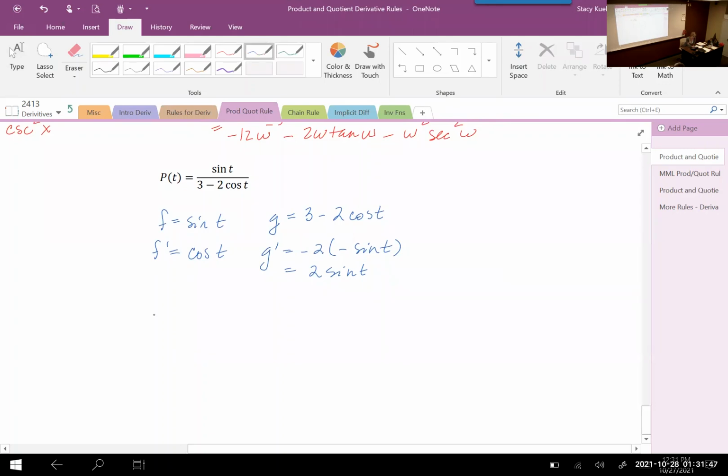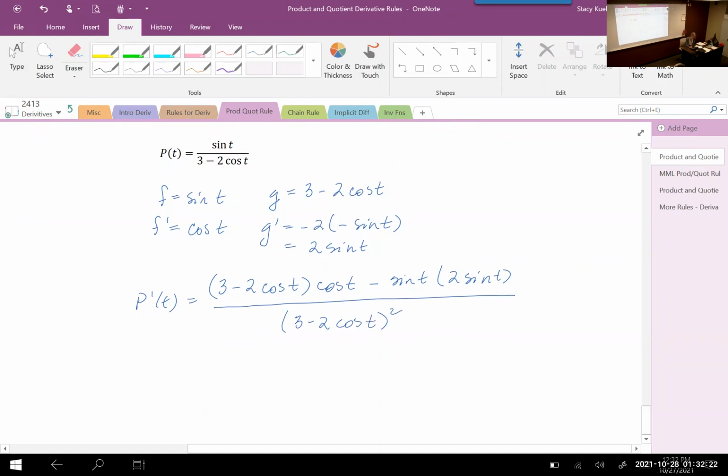Right, so the derivative of p is the low, 3 minus 2 cosine t, times the derivative of the high, which is cosine t, minus the high, which is sine t, times the derivative of the low, 2 sine t, all over the low, 3 minus 2 cosine t squared.